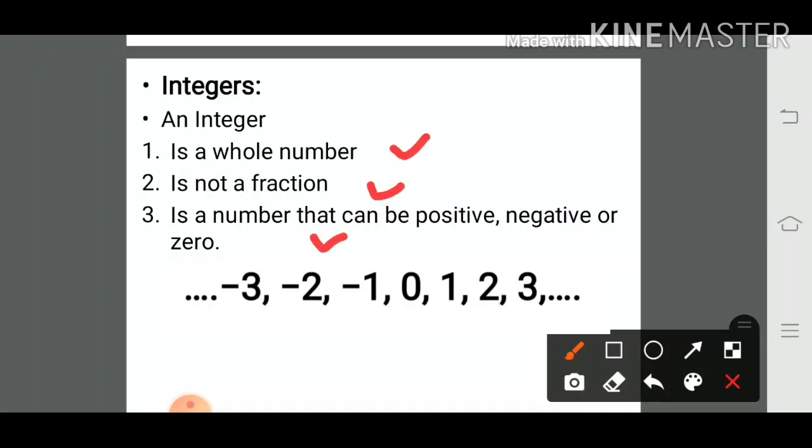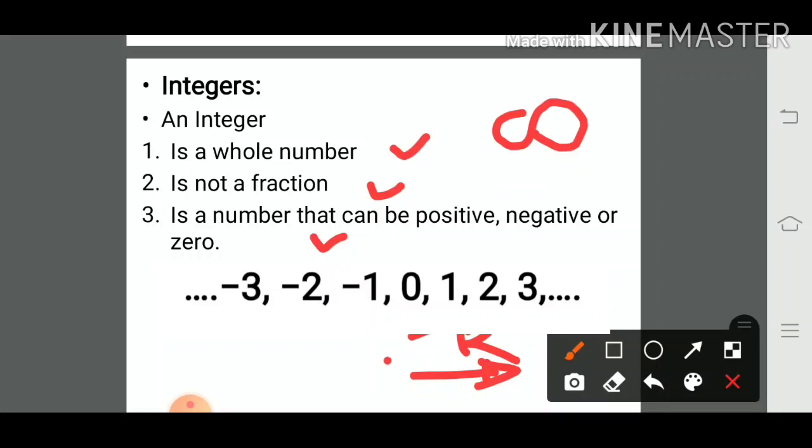Now if you observe, at the center is 0, and if I go to the right-hand side, there are the positive integers, that is 1, 2, 3 and so on up to infinity. This is the symbol of infinity, that is, it can't be measured.